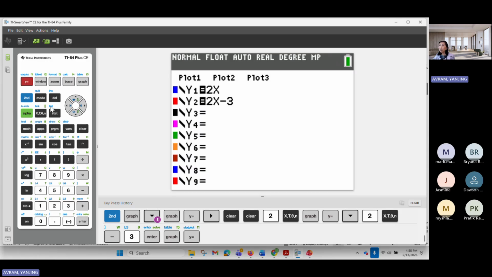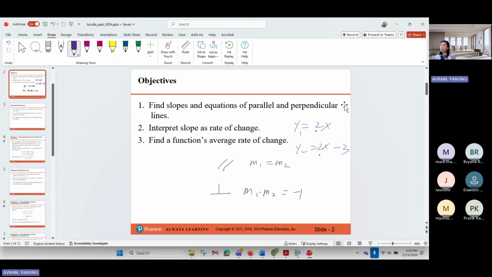And what kind of situation will be perpendicular? I can graph a perpendicular line to this one. If I give you M1 equal to 2, what is my perpendicular slope? Well, the perpendicular slope here will be the negative reciprocal.